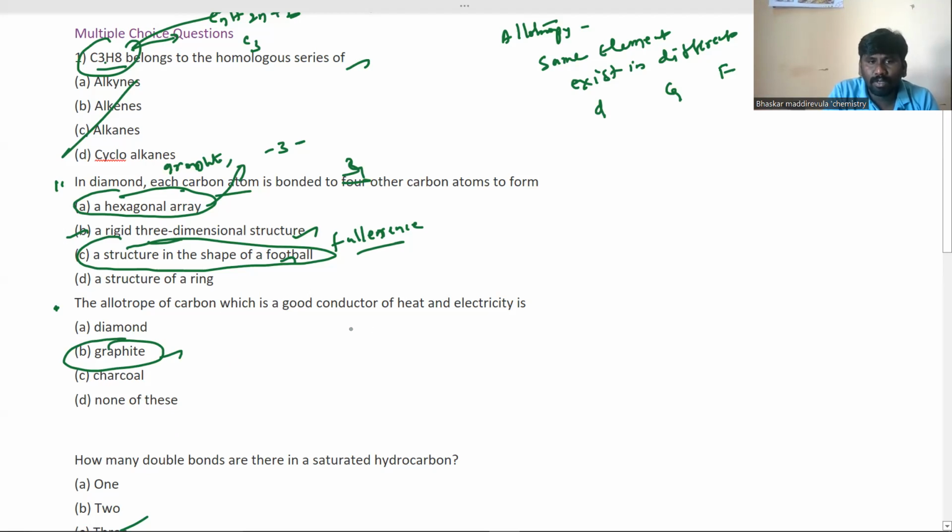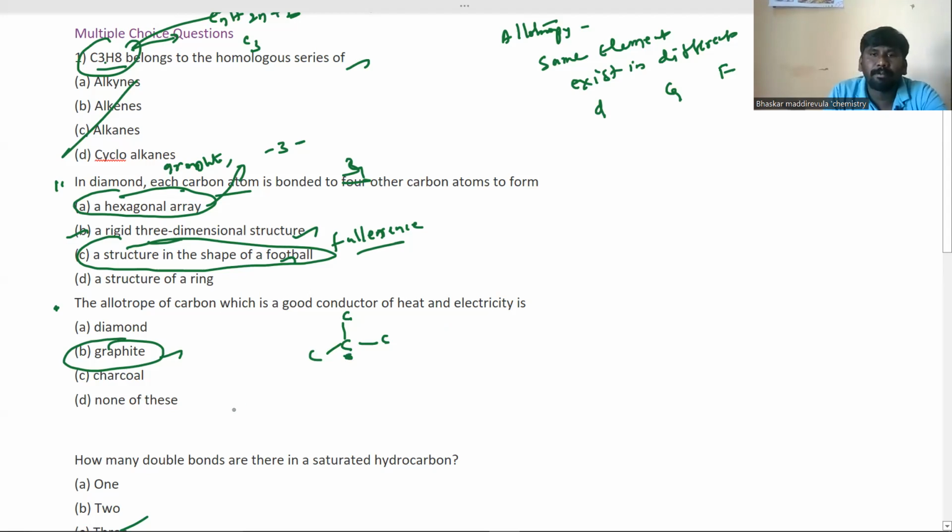In graphite, each carbon is surrounded by three other carbons, so the tetravalency of carbon is not satisfied and one electron is free. This free electron makes graphite a very good conductor of heat and electricity. You have to keep that in mind.